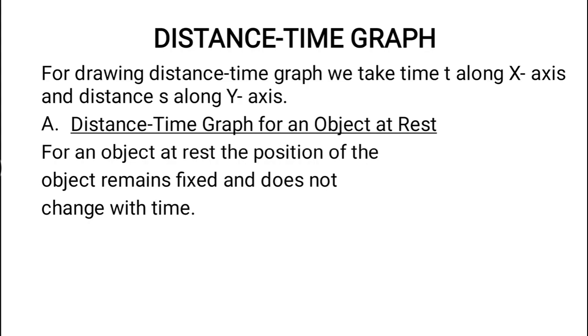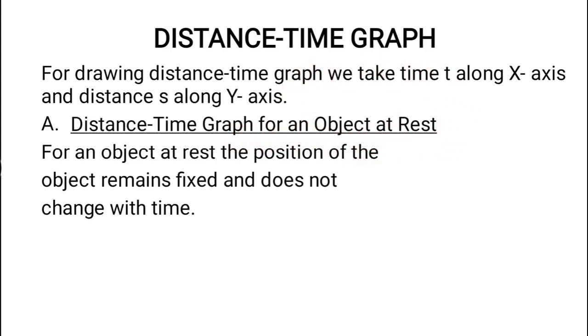So the dependent variable is always represented along the y-axis, and the independent variable, which is time here, is represented along the x-axis. So for drawing a distance time graph, we plot time t along the x-axis and distance s along the y-axis. So we have to consider the following cases in the distance time graph. Our first case is, what will be the nature of the distance time graph for an object at rest?